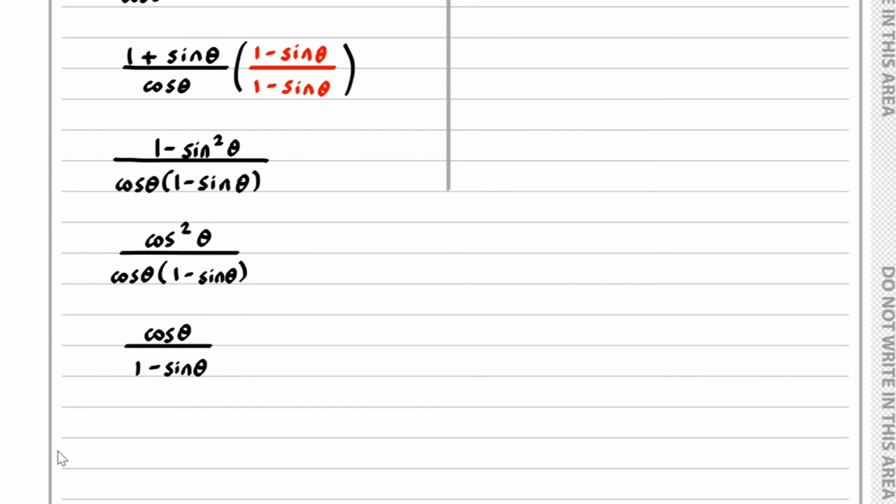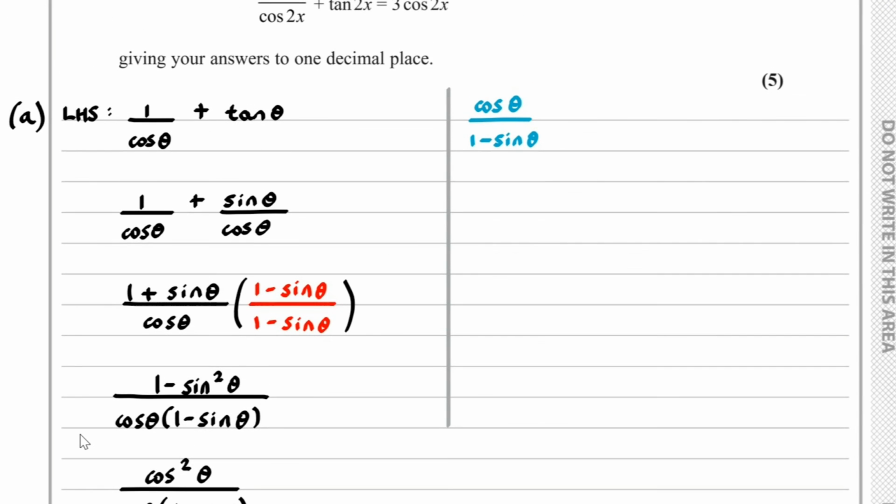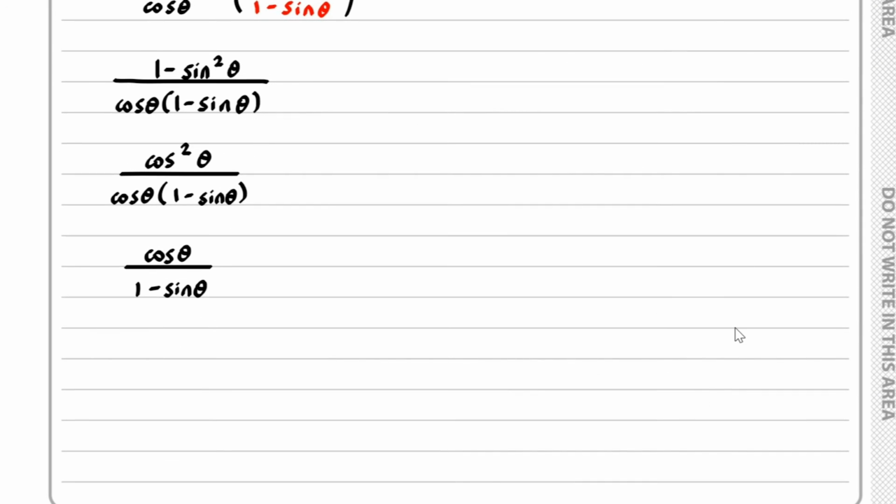And that's exactly what I wanted to show for part A. And so, as the left hand side is therefore equivalent to the right hand side, we have shown the identity to be true.